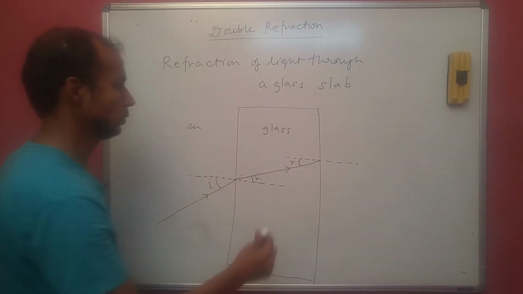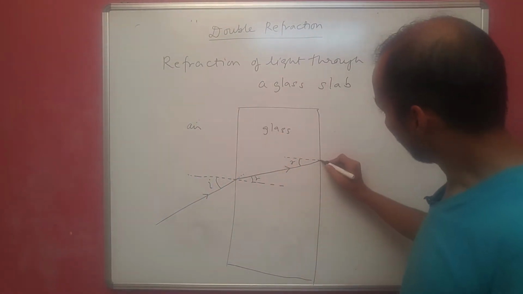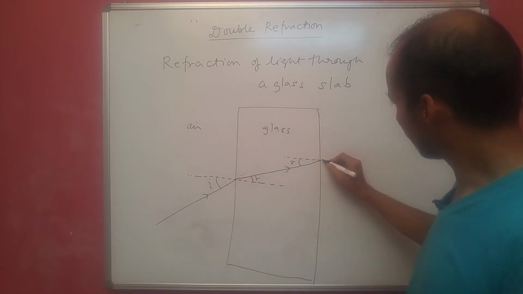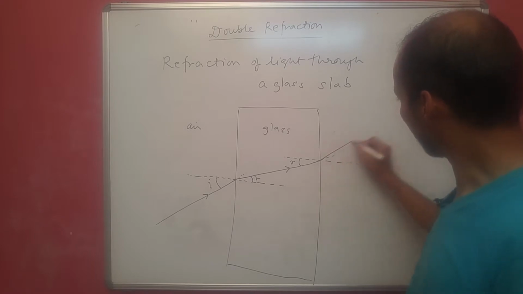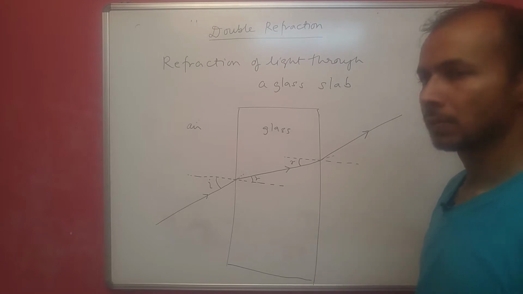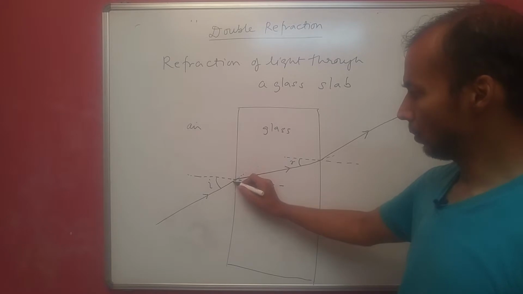So how should I draw it? Finally it will come out parallel to the original direction. So instead of going straight, it will go like this.